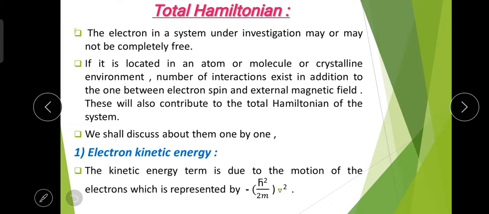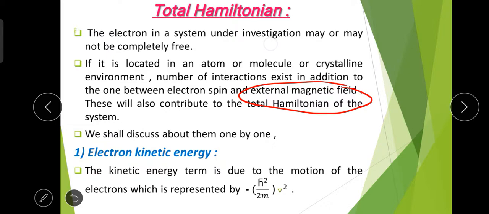That means if we consider an atom placed in an external magnetic field, then due to this external magnetic field the electron levels get split into different levels. So we have the different interactions.